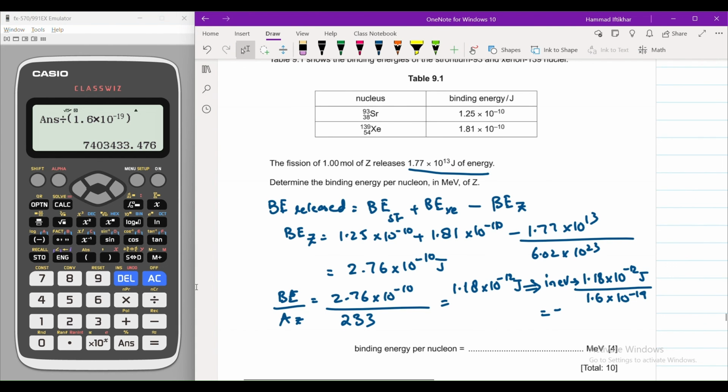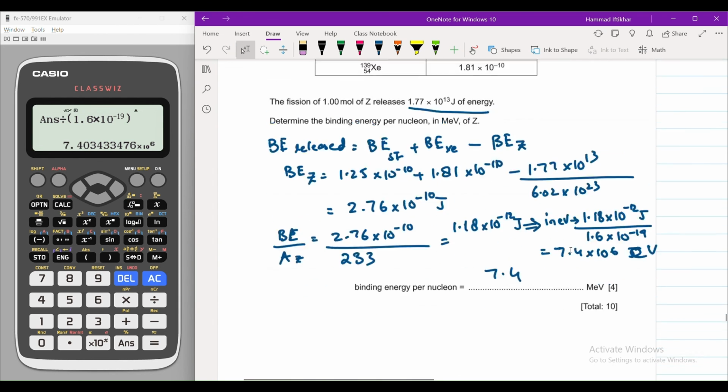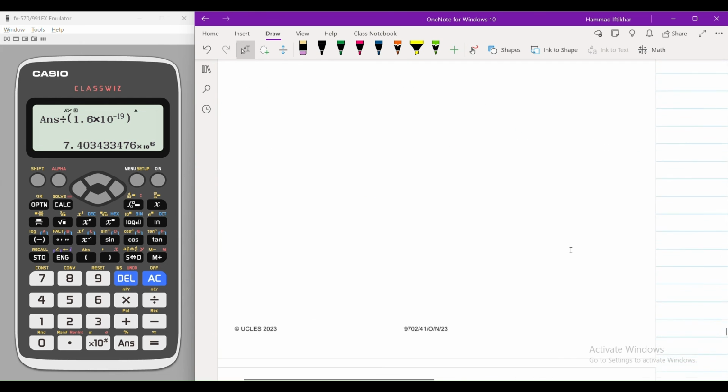Since we need it in mega, this becomes roughly 7.4 times 10 raised to power 6. Sorry, electron volts. So this is 7.4 mega electron volts. Okay, all right. Moving on.